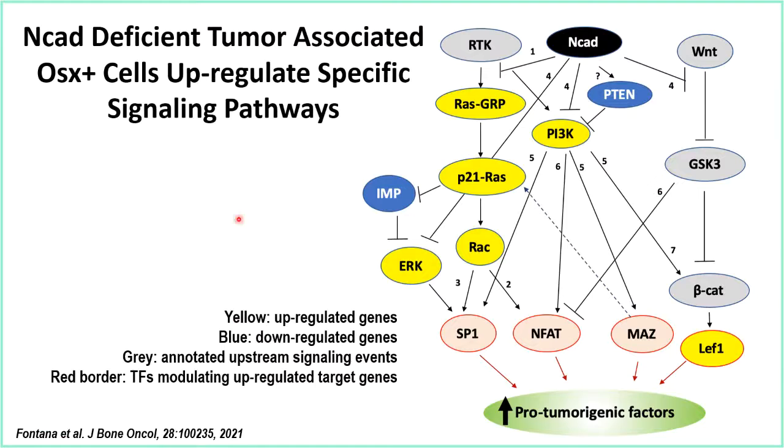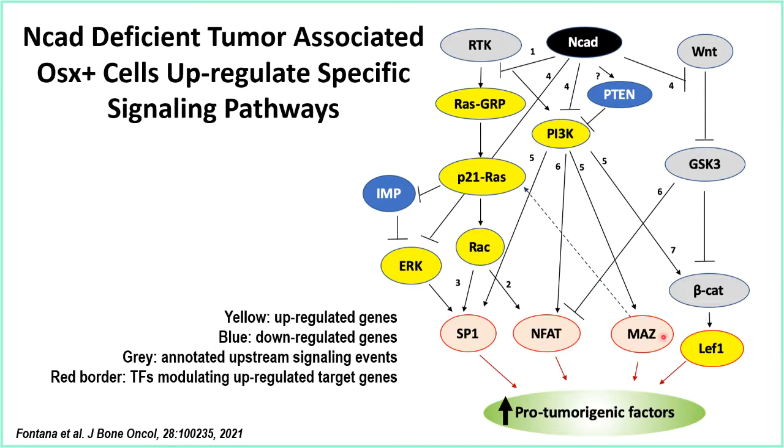And finally, to make a long story short, using a different type of analysis of differentially expressed genes, we found that in general the knockout cells overexpress genes that are responsive to certain transcription factors, in particular SP1 and FATs and MES. They also overexpress LEF1, which is a direct component and actually the target gene of canonical Wnt signaling.